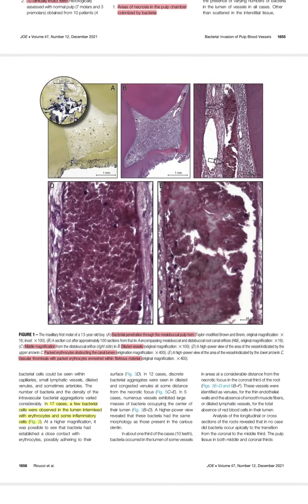Here in figure 1, it shows the slices. Slice A shows a Taylor-modified Brown and Brenn stain slide, showing bacterial penetration through the mesiobuccal pulp horn.